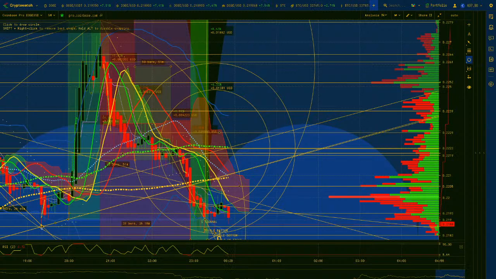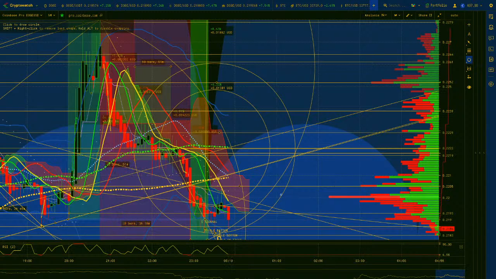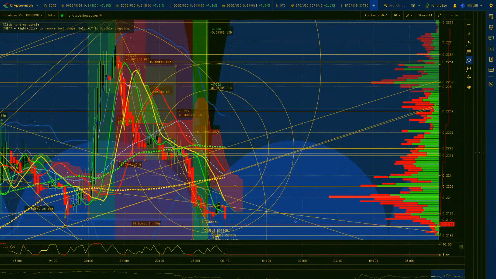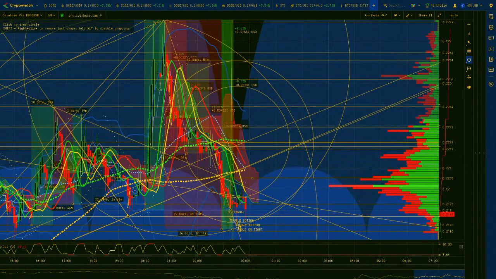For anyone who's new to crypto, RSI is relative strength index, and basically it represents how much buying or selling pressure there is, and then you can compare that against the price and see if price is moving based on that pressure.